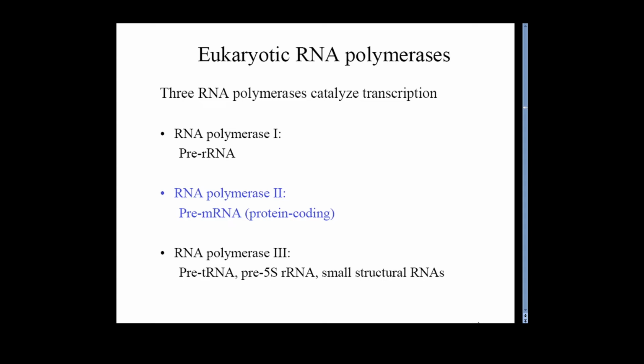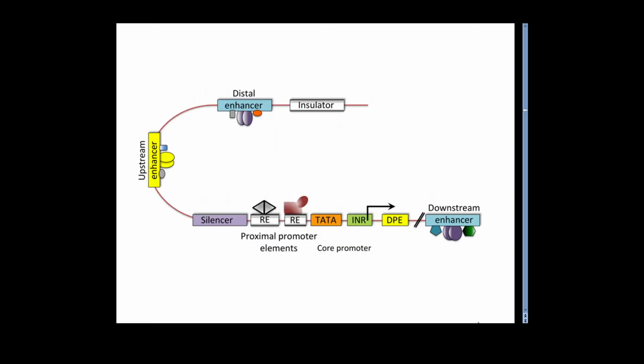And again, you can see the RNA polymerases. RNA polymerase 1 makes ribosomal RNA, 2 makes messenger RNA, pre-mRNA of course, and 3 makes transfer RNAs.